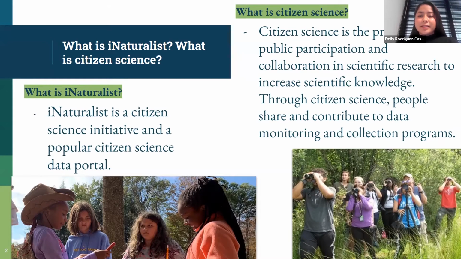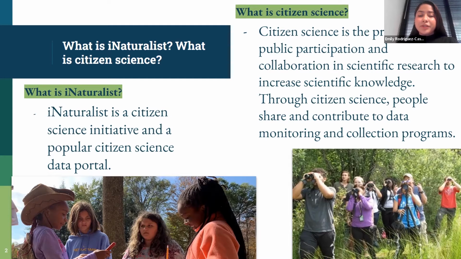So citizen science is the practice of public participation in scientific knowledge to increase scientific knowledge. And through citizen science, people share and contribute data to monitoring and collection programs. And this is what iNaturalist is centered about. It's a citizen science initiative. It's a free platform, and you record observations of plants and animals in nature.